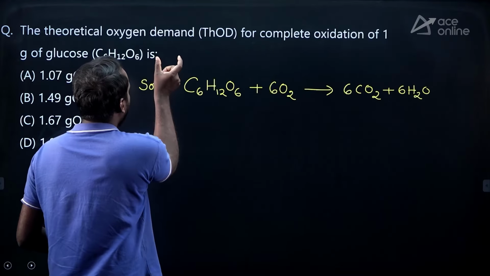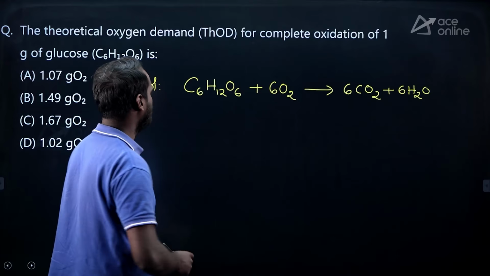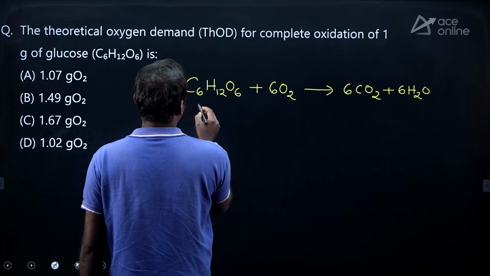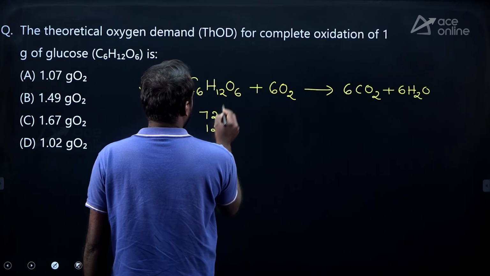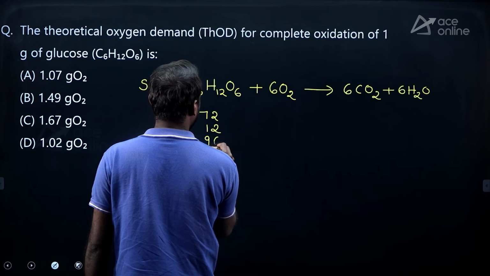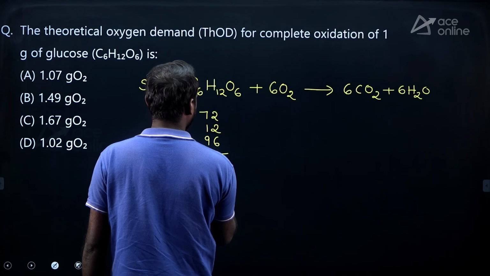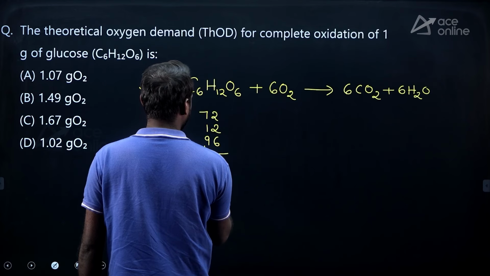He is asking what the oxygen demand is for complete oxidation of 1 gram of glucose. If you evaluate, 72 plus 12 plus 96 gives 180 grams.